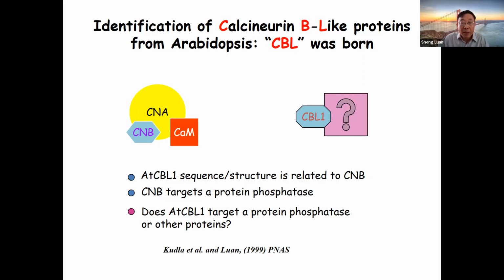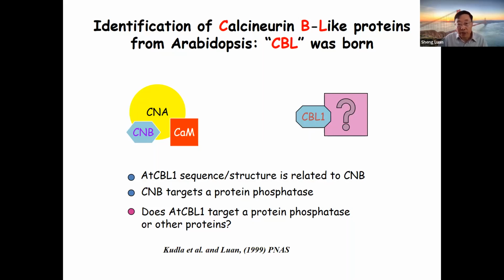If you compare the calcineurin B protein sequence between animal and yeast, they're highly conserved, like 70% identical. But CBL from plant is only like 35% identical. So it doesn't seem to be a real homolog.